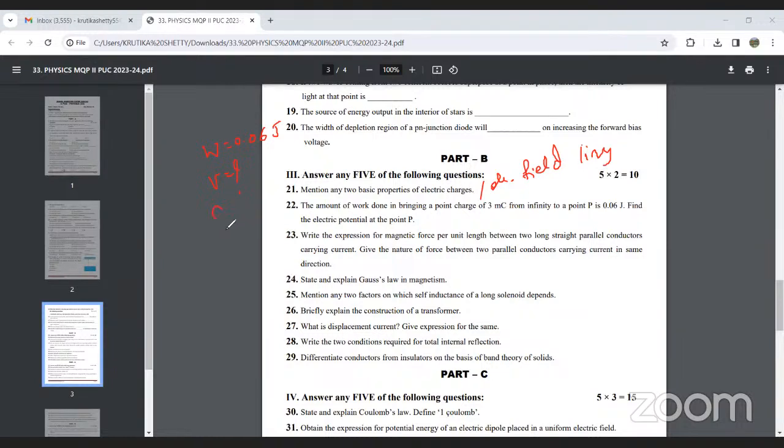The next quantity they have given is the charge, 3 millicoulomb. It is nothing but 3 into 10 raised to minus 3 coulomb. And the work done value is given. So it is a very simple question. Can anyone guess the answer? You have work done value, you have the charge, you need to calculate the potential.